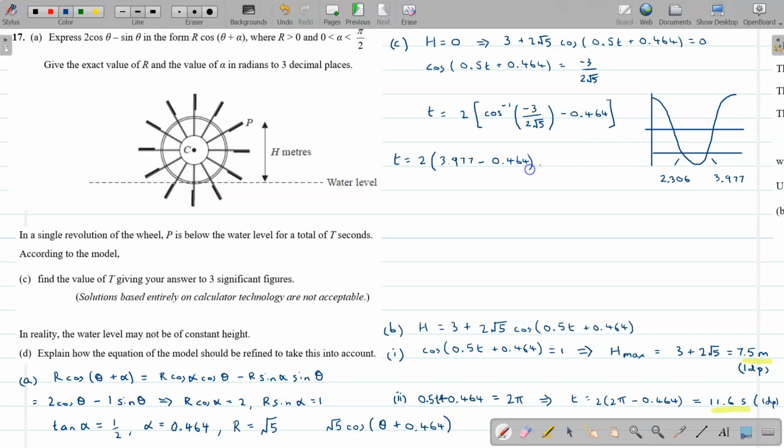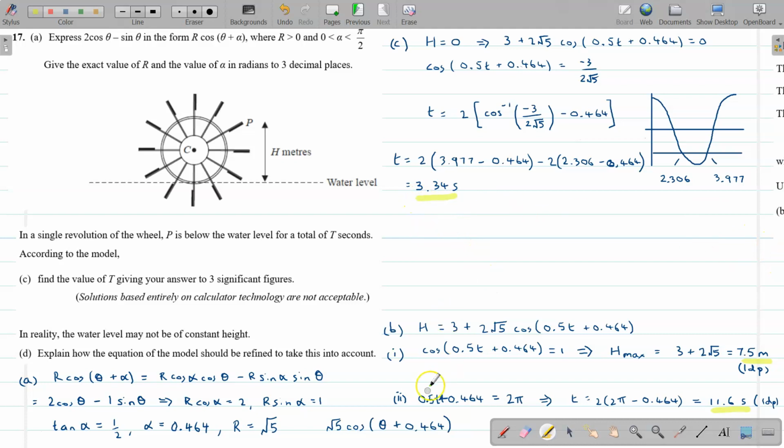Minus two lots of 2.306 minus 0.464, and that comes to 3.34 seconds, and that's how long the paddle spends underwater.